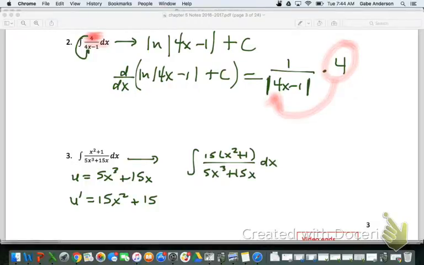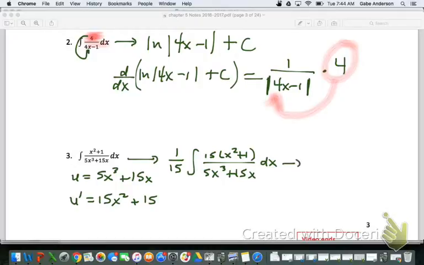But of course, we can't just multiply the top by 15 without making an adjustment. So what I'm going to do is multiply the outside by 1/15. This is Timmy messing up the chain rule like we talked about a little bit in 4.5. We could also use u substitution. I kind of started setting that up there and realized that I could just multiply by a factor of 15 to make this work.